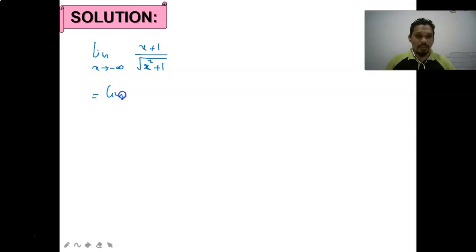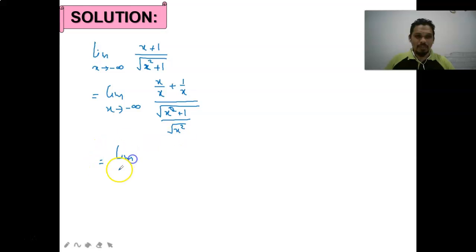So then limit x approaching to negative infinity is x divided by x plus 1 divided by x divided by square root of x squared plus 1 divided by square root of x squared.